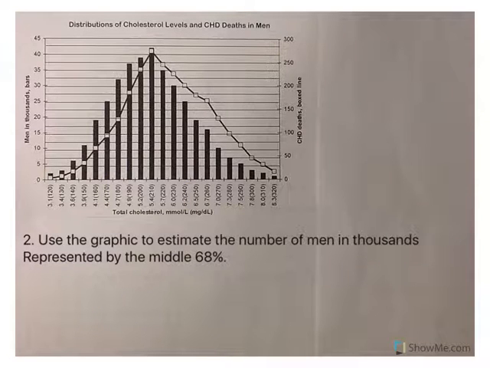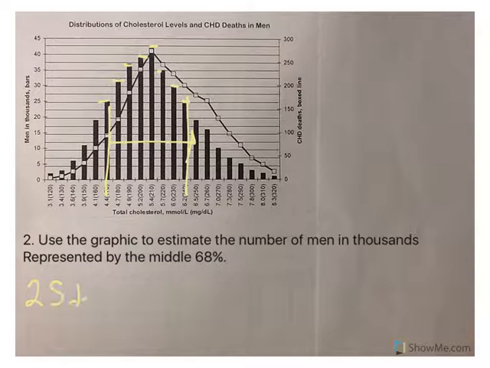So number two, use the graph to estimate the number of men represented by the middle 68. Okay, so again, that's 171 to 241, so that's here to here and everybody in between. You kind of have to estimate the tops of each of these bars in order to get there, and this is an estimation. So I'll show you the numbers.